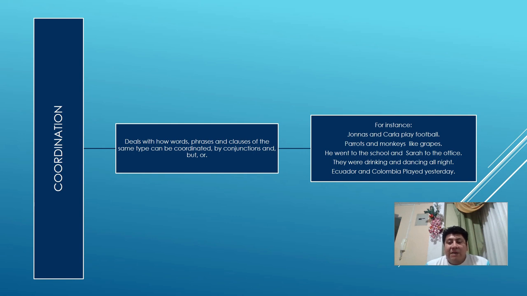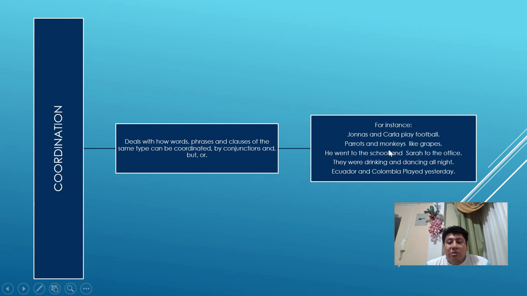For instance, Jonas and Carla play football. This is the conjunction and, and they still have the same sense. Parrots and monkeys, we saw again the conjunction and, still the same type.